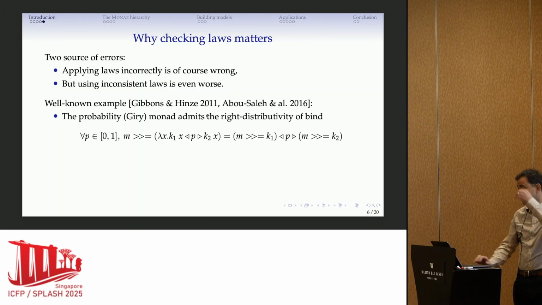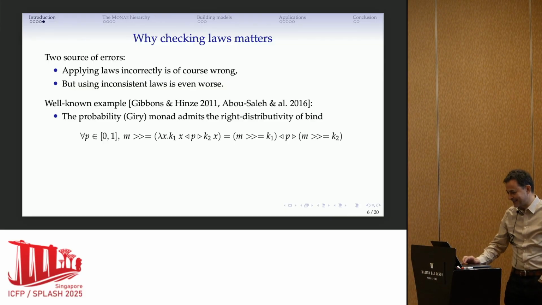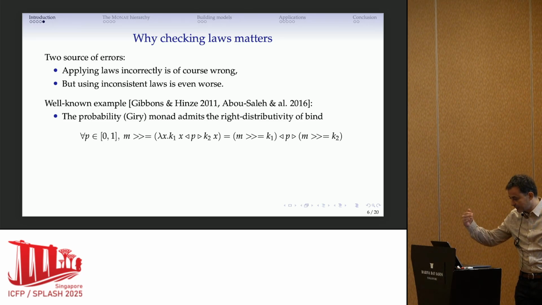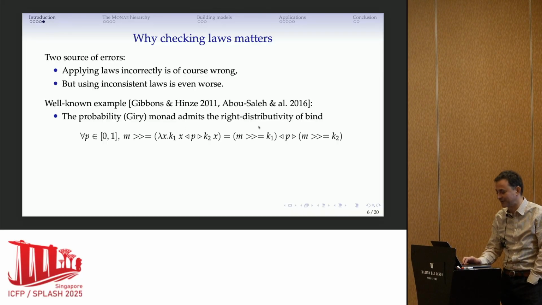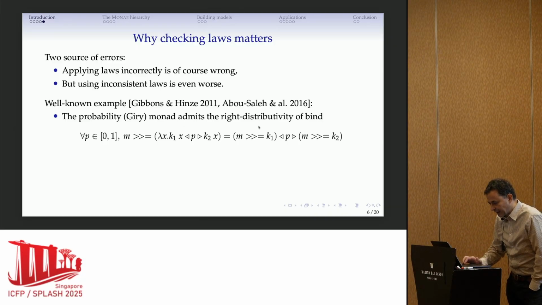And there's a well-known example, which is an example in the paper I cited that I gave a hint, that comes in two steps. It comes first from a remark that the probability monad admits the right distributive of bind, which is this law. Well, you don't have to look at the detail.